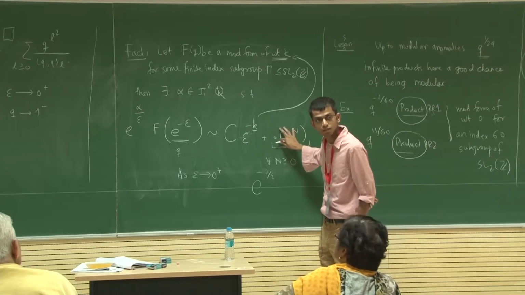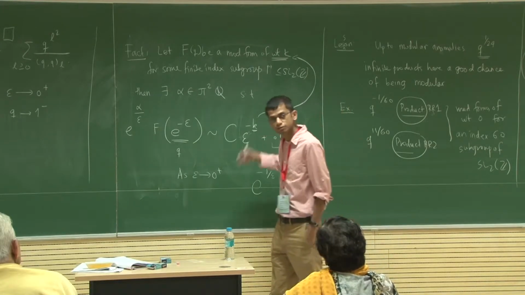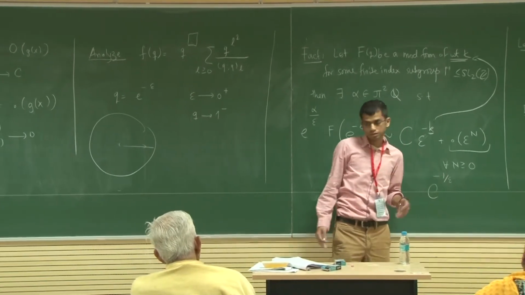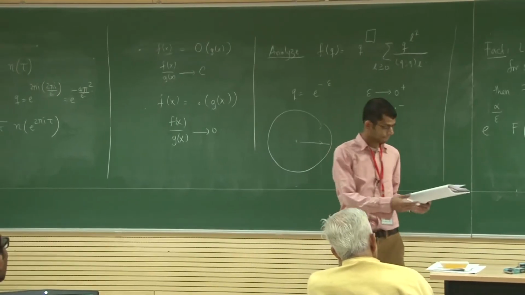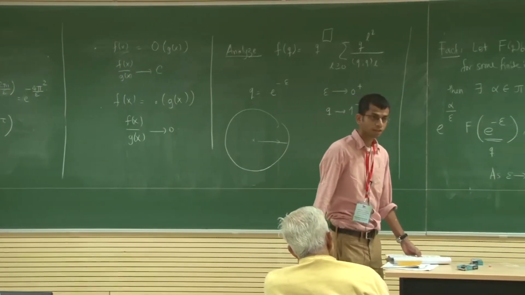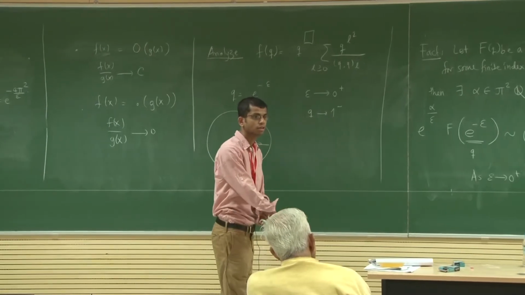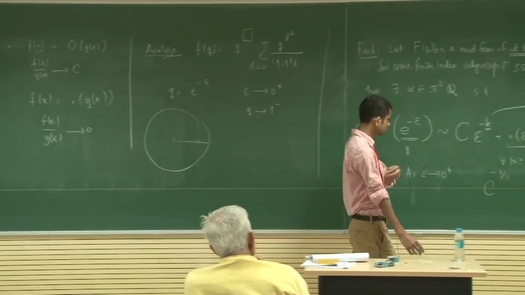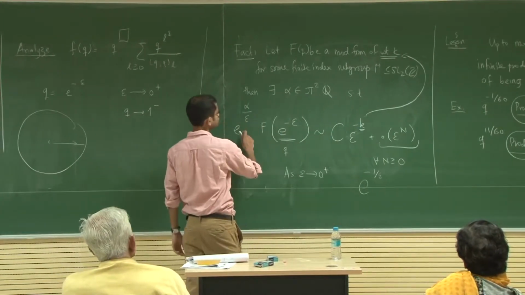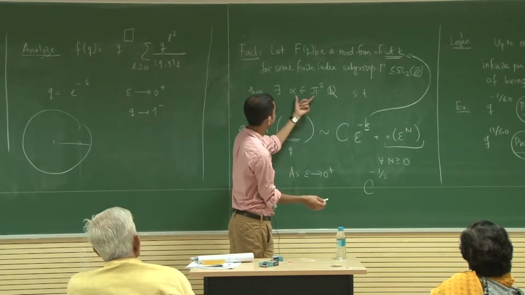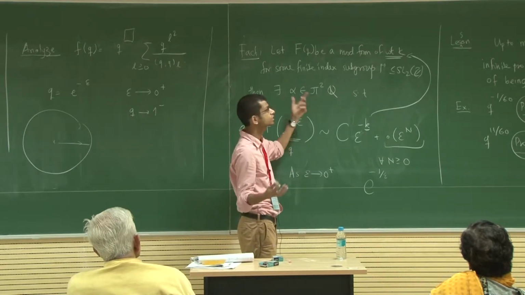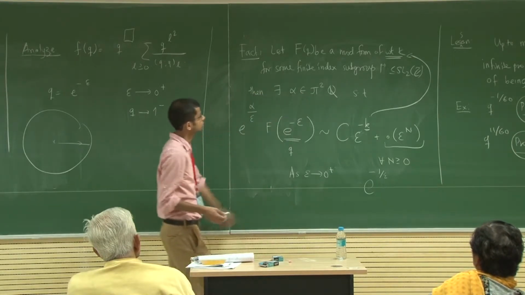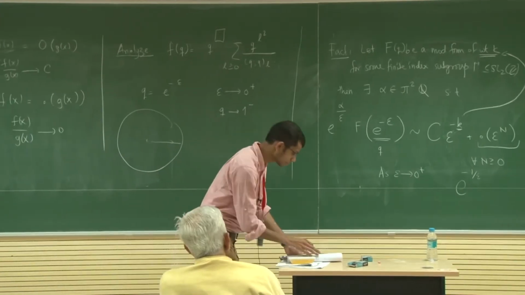So this error term decays faster than any power of epsilon. Yes, you are able to detect the weight of the form, precisely. And this condition is also going to lead to a constraint on the dilogarithm. That's a good question.